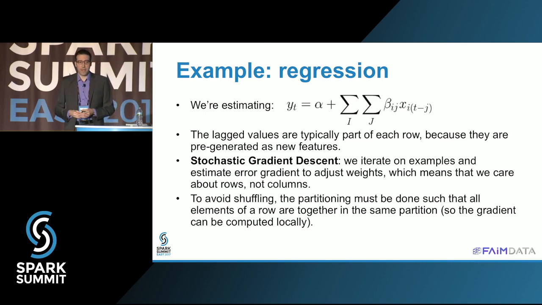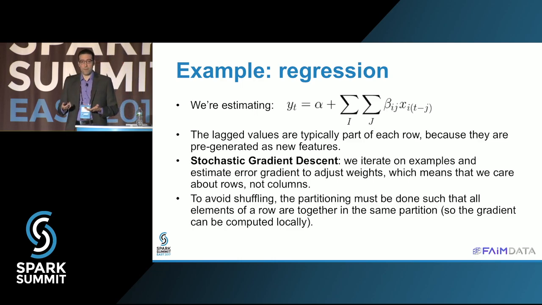But even if we go further than that, if we look at performance considerations and scalability considerations, when we calculate the error gradient for a row, we want all of the data in that row to be available locally on a single machine. We don't want to have to fetch that data on other machines, which is called shuffling, for the performance overhead that it incurs when you do that.